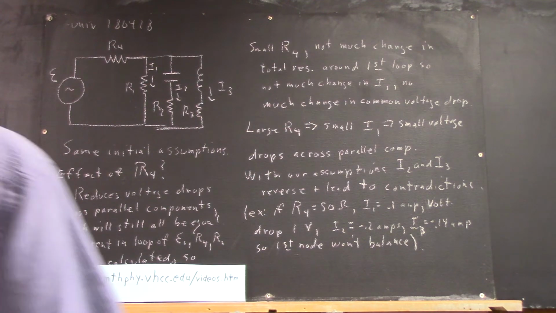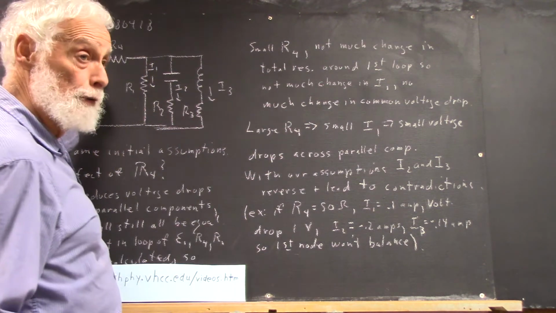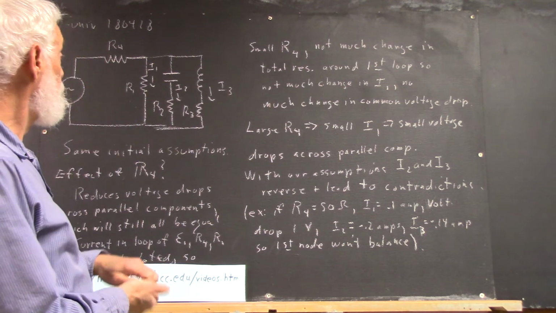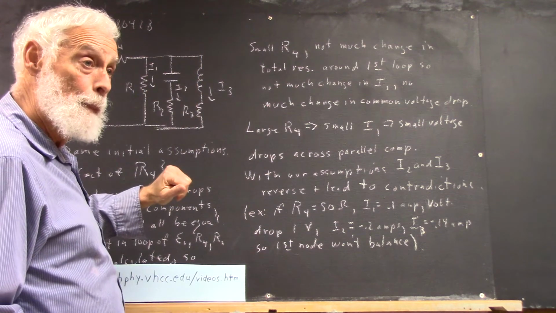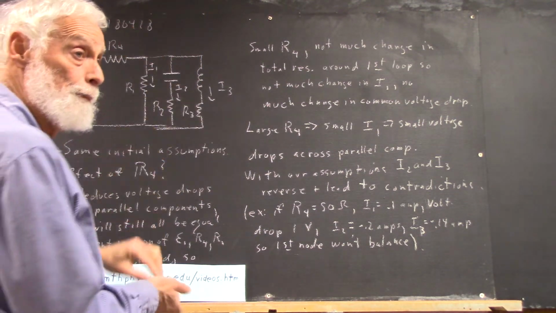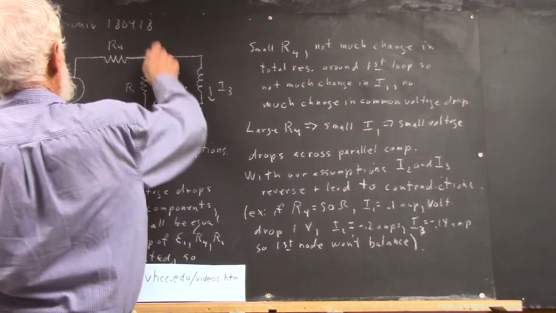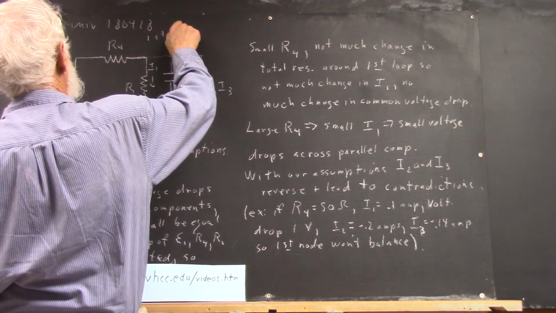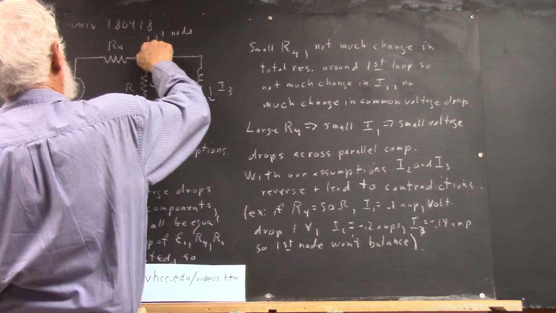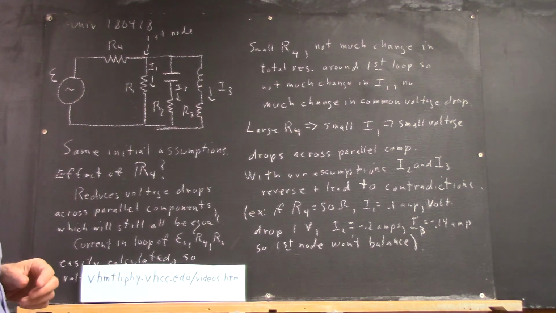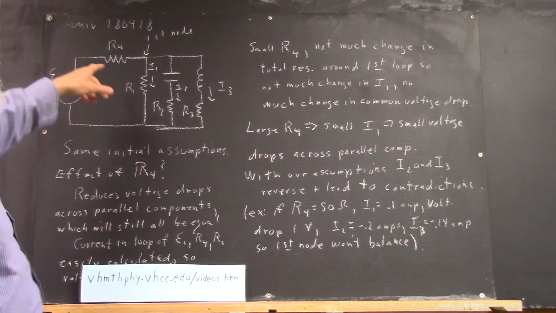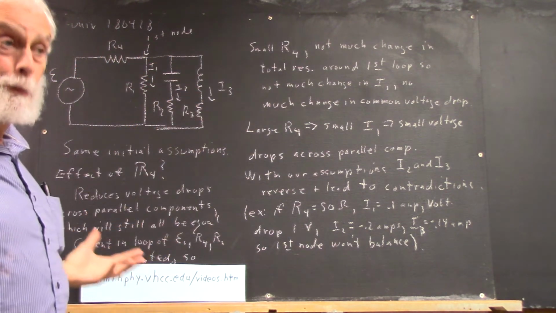So our assumptions clearly don't work if R4 is large enough, because if R4 is large enough, these two currents reverse and give you a contradiction at this node. And we'll just call this the first node. And we don't need any more nodes. Okay? So small R4, no problem, small change.